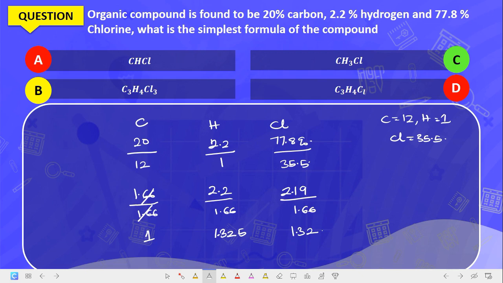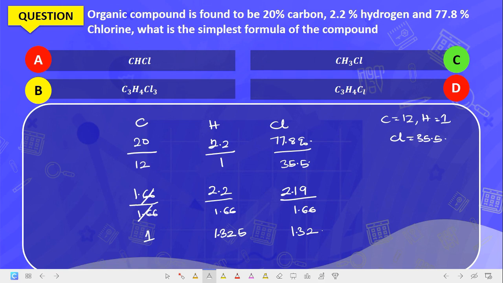This is the empirical formula, but this formula that you have here, you cannot write this because it's not stoichiometric. So we need to multiply by a particular number in such a way that the answer will give us a whole number. What are we going to multiply by that will give us the whole number answer that we are looking for?